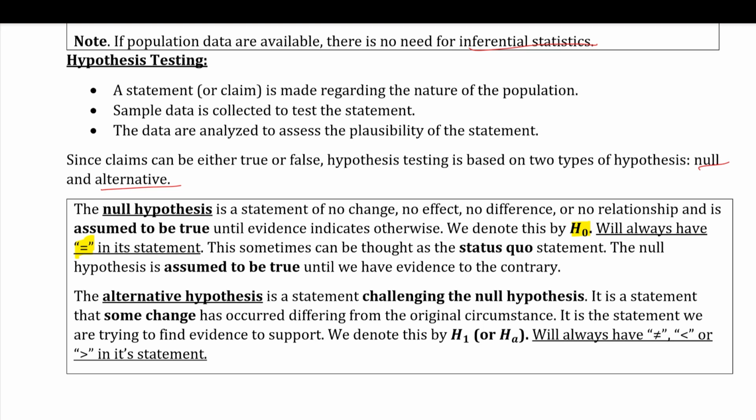That's good to know because that's going to be used throughout the course. This sometimes can be thought of as the status quo statement. The null hypothesis is just we believe something's true because it's always been true until there might be some evidence to indicate otherwise. The null hypothesis is assumed to be true until we have evidence to the contrary.